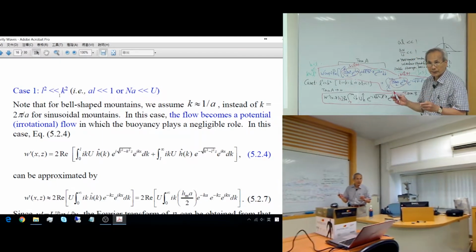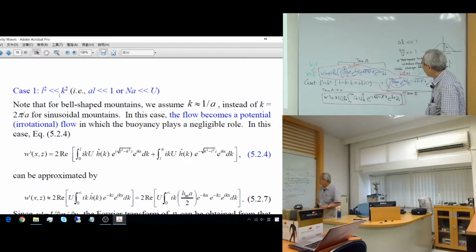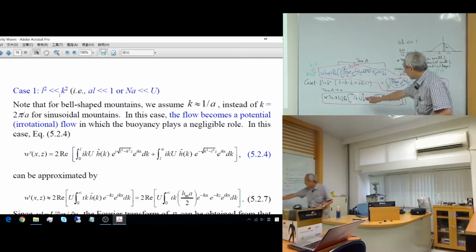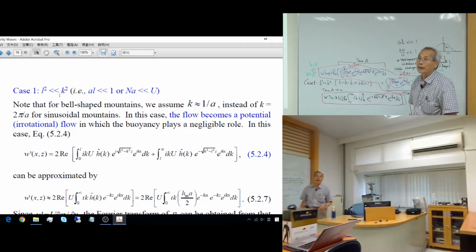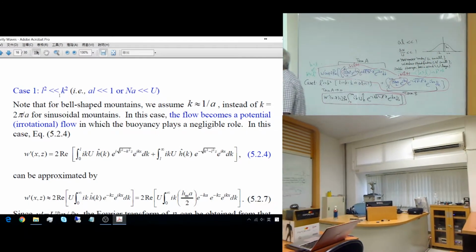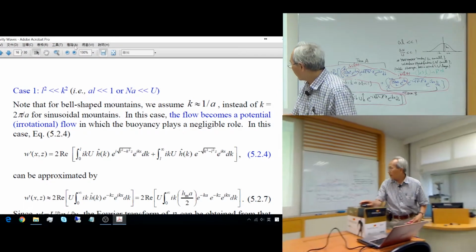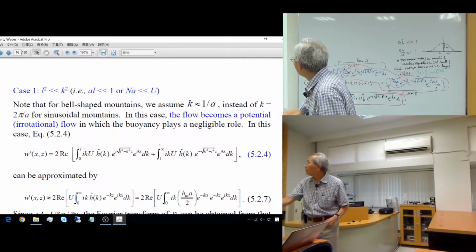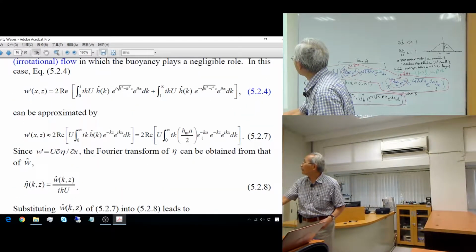Understand? Agree? Because k is much greater than L squared, this L looks very small. So that's why we have this solution here.